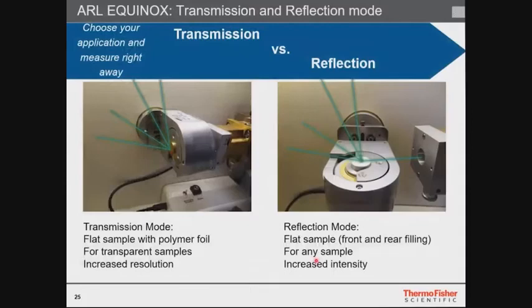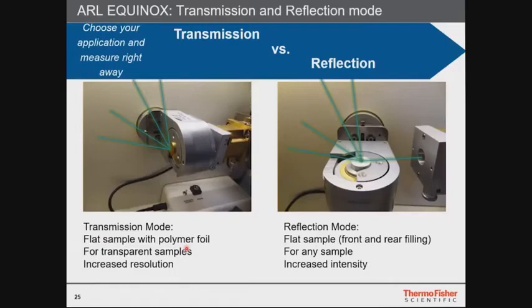First, with our benchtop instruments, it's easy to change between reflection and transmission, as you can see here. So this is transmission mode, both with the same sample holder, where you can measure flat samples with a polymer foil. This is done for transparent samples and to get an increased resolution. On the other side, you can see the reflection mode.